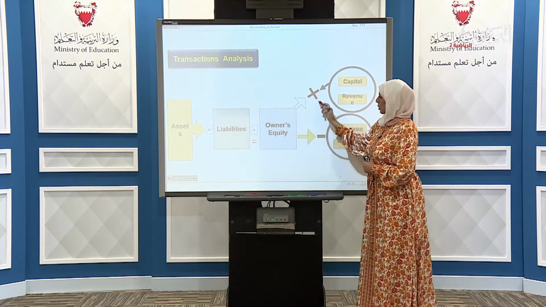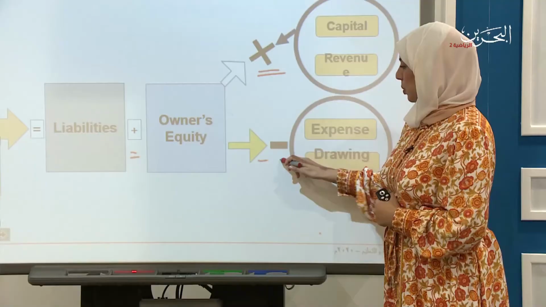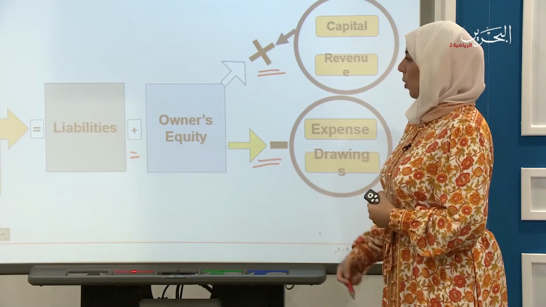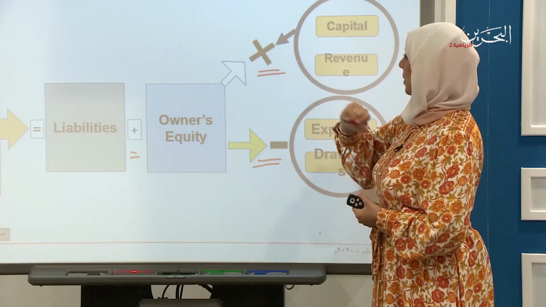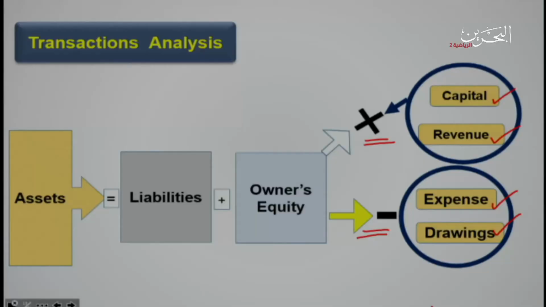The first part will increase the owner equity of the company, and the other part will decrease it. Which accounts increase the owner equity and which decrease it? The accounts that increase the owner equity of the company are the capital and the revenue. The accounts that decrease the owner equity are the expense and the drawing.